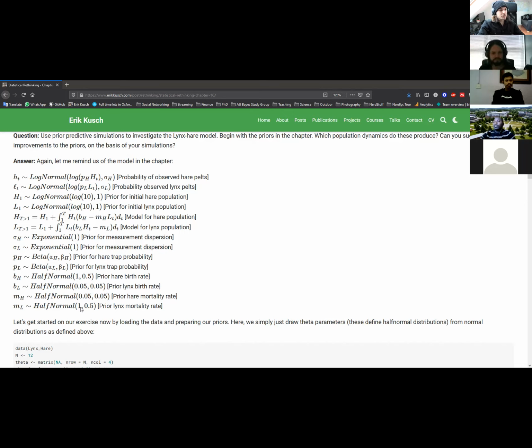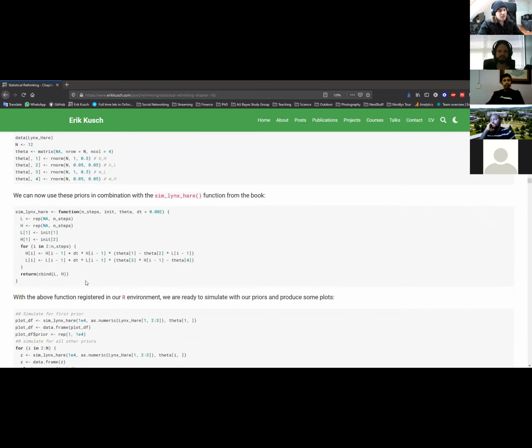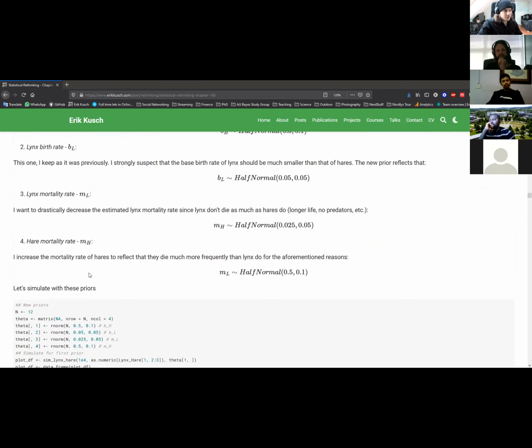And that just looks as though lynx die at the same rate as hares are born in the base model. And I just think that doesn't make much sense. So I really wanted to reduce this a lot to reflect that lynx are a much more hardy species than hares. And also they don't have predators who eat them.